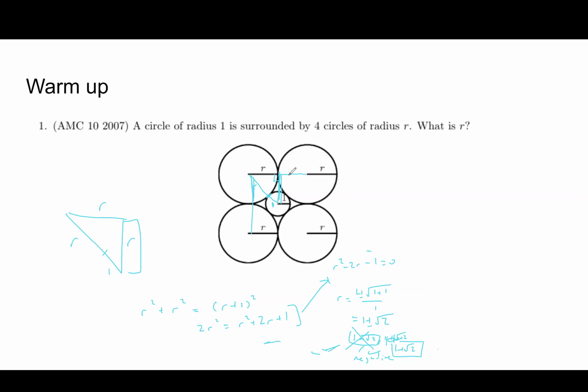Your solution's fine. So what Amanat did, which is also very clever, is he took this triangle here and also used Pythagoras. It doesn't matter as long as you can use the Pythagorean theorem and get the radius that you want. So Amanat's method also works.